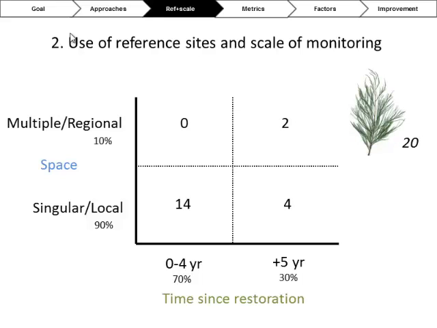If we now look at what has been done for the 20 papers that we have read for Tamarix, it's pretty much the same idea. Even worse actually, we have 10% of projects only assessing independent projects across regions, and many of them also assessing projects that were quite recent.